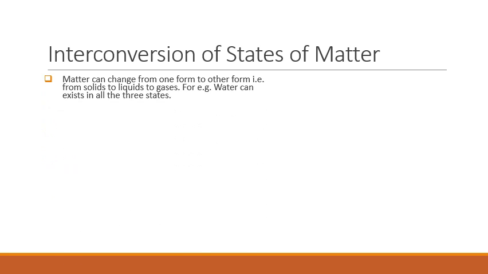Children, you know that matter can change from one form to another, or I can say from one state to another. So it can change from solid to liquid or to gas. For example, we have seen that water can exist in all three states.